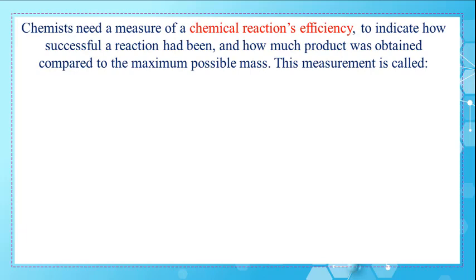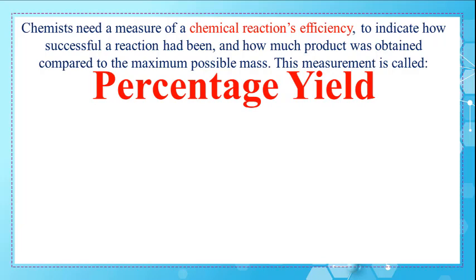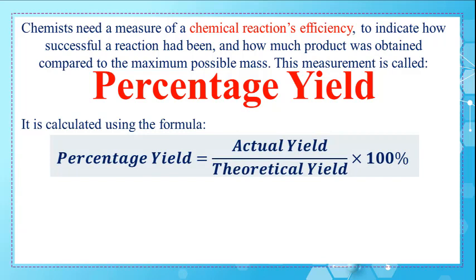Chemists need a measure of a chemical reaction's efficiency to indicate how successful a reaction had been and how much product was obtained compared to the maximum possible mass. This measurement is called percentage yield. It is calculated using the formula percentage yield equals actual yield over theoretical yield times 100%.